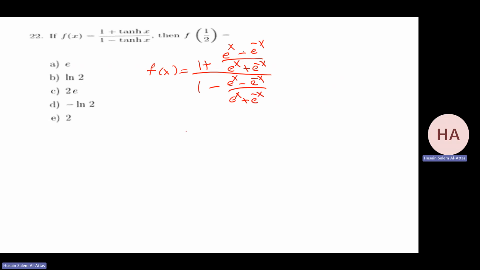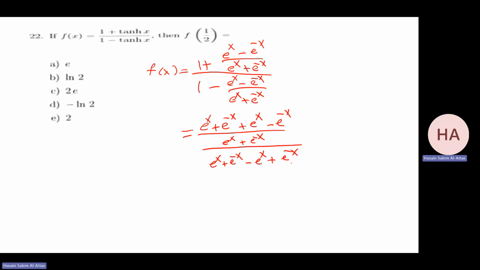This is the tan hyperbolic. That will be e^x plus e^(−x) plus e^x minus e^(−x) over that, over e^x plus e^(−x) minus e^x plus e^(−x) over the same. Very clear this is cancelled. I'm getting also this one cancelled and this one cancelled.